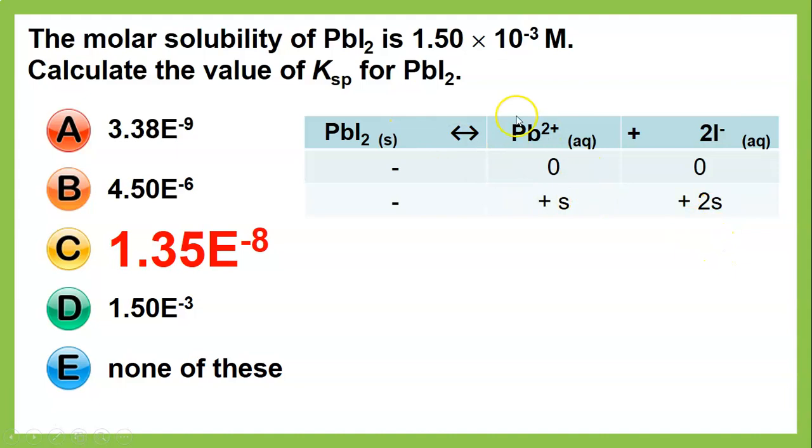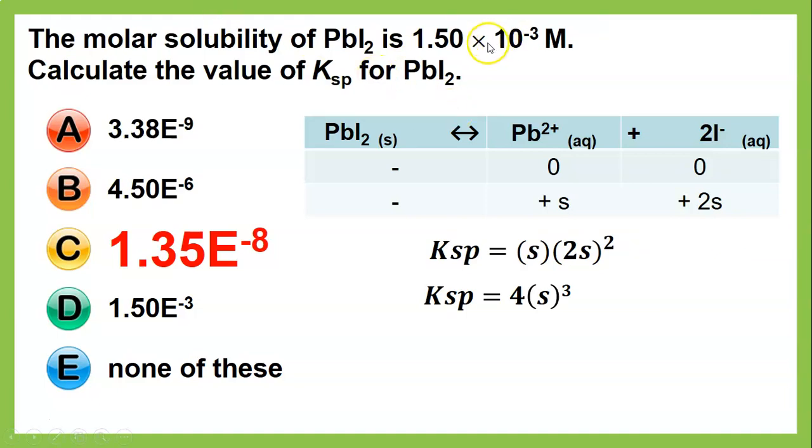My law of mass action is going to be K equals the concentration of my lead times the concentration of iodide squared, and the concentration of iodide squared will have to take into account this 2, won't it? That's what I was reminding you of with that 4, right? We're going to get 4. And they gave me the value for the molar solubility, so I can plug that in to get my final answer.